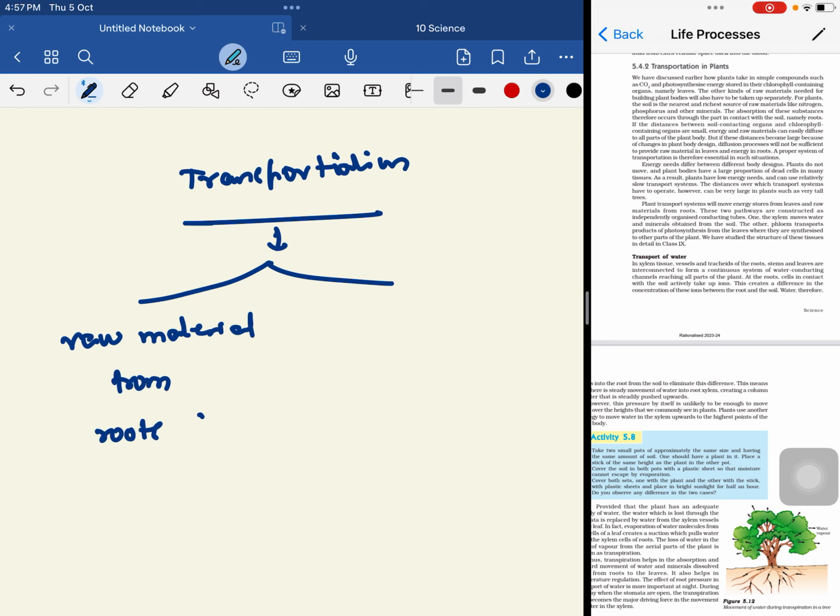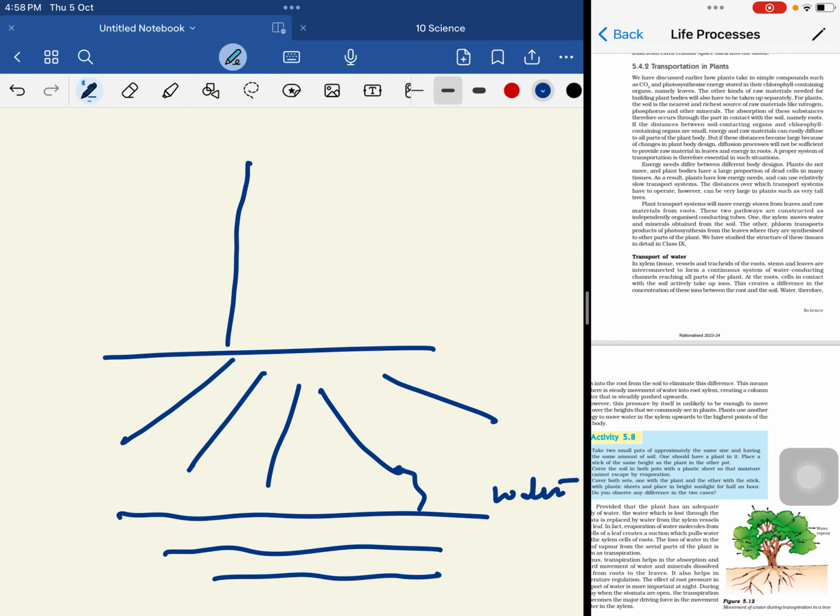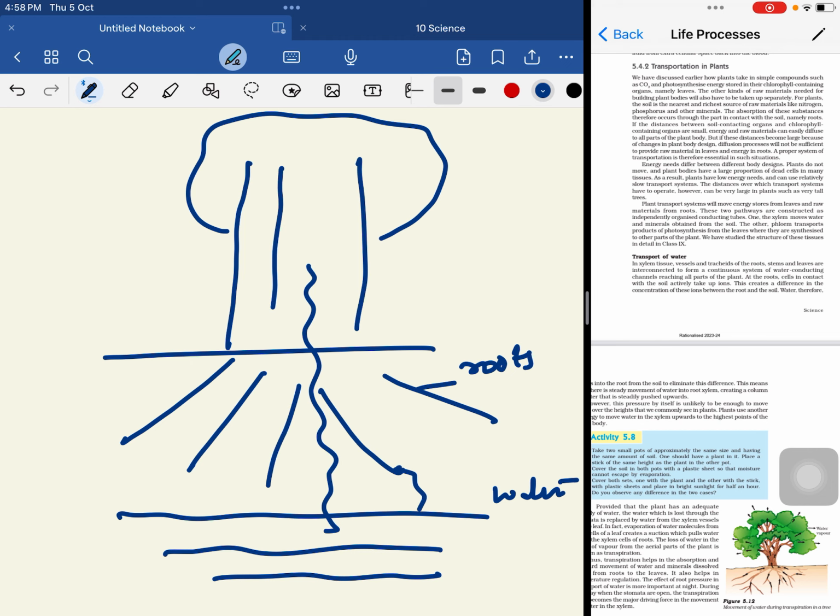The water in the soil is taken up through the roots. These are the roots, this is a tree, and these are the leaves. Water is transported like this through special channels. This channel is called xylem.